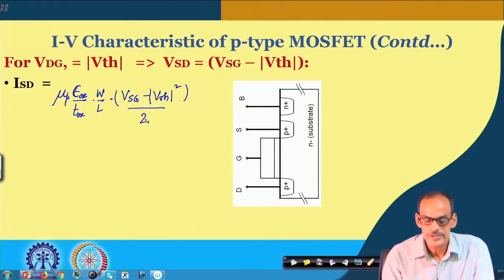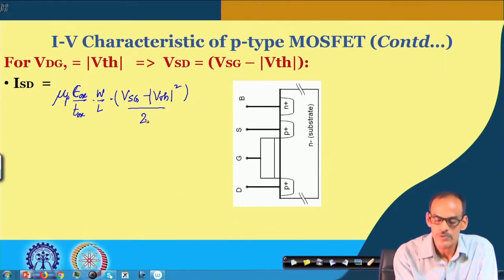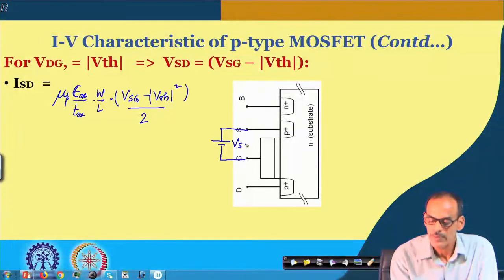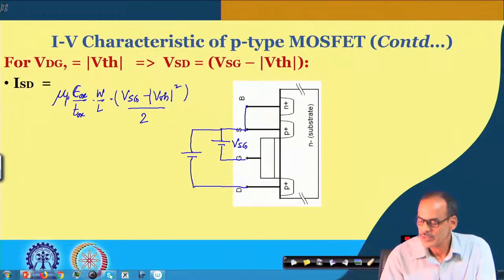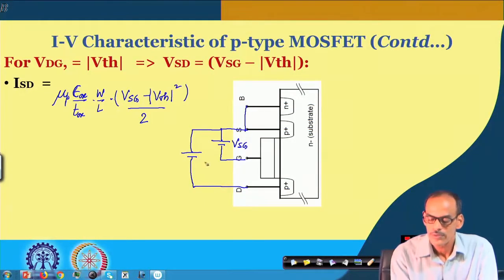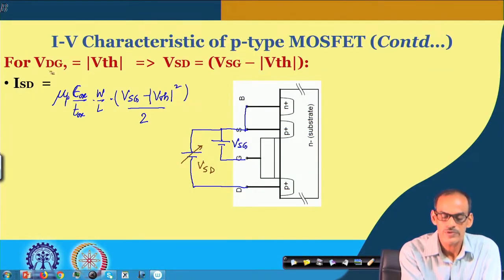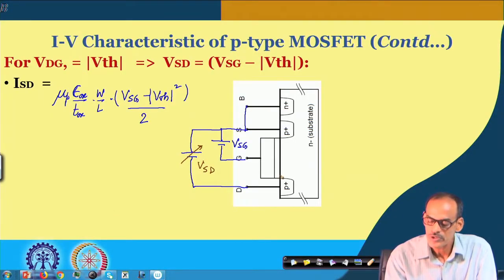And if you violate this condition, namely if you retain VSG at a value, and of course the body is connected to the source, and you increase this VSD beyond some point, then the pinch off will happen here, and the channel will get tapered like this.